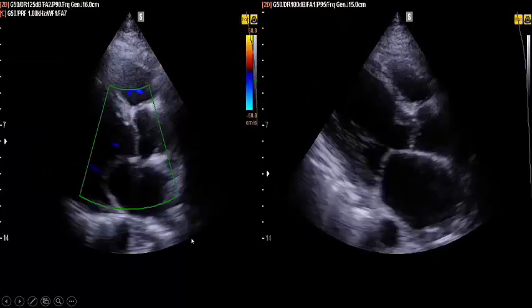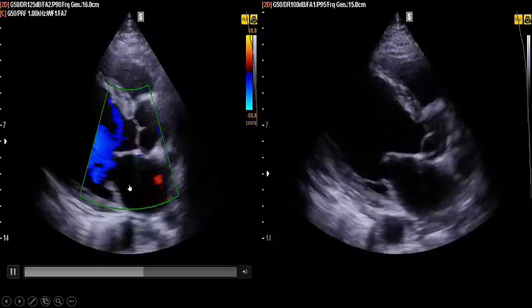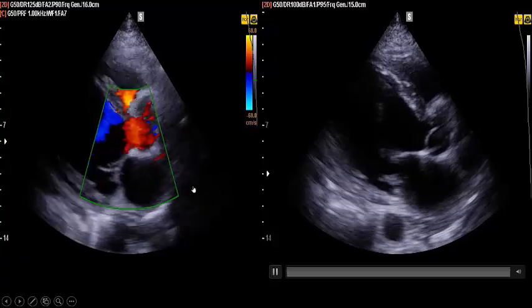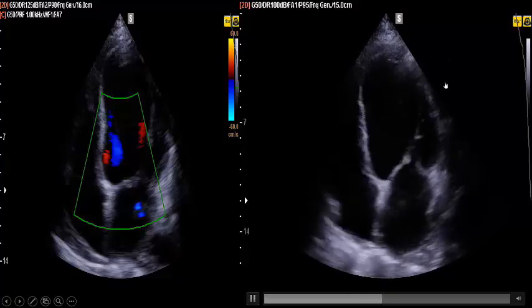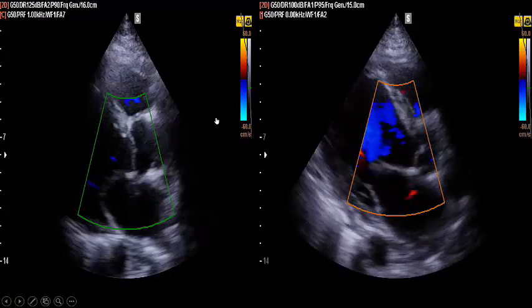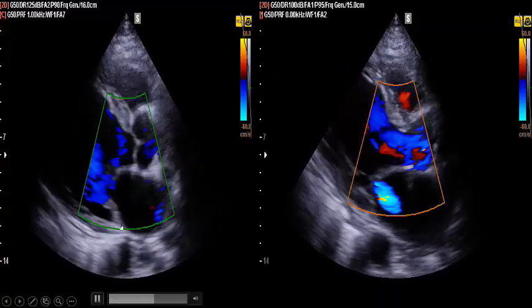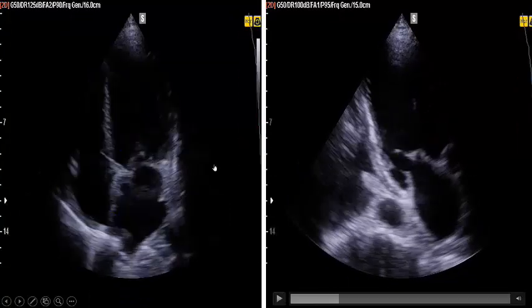The patient improved, and even the mitral regurgitation, which is load dependent, started to decrease a lot. You see here this is a moderate mitral regurgitation, and here is minimal mitral regurgitation really.